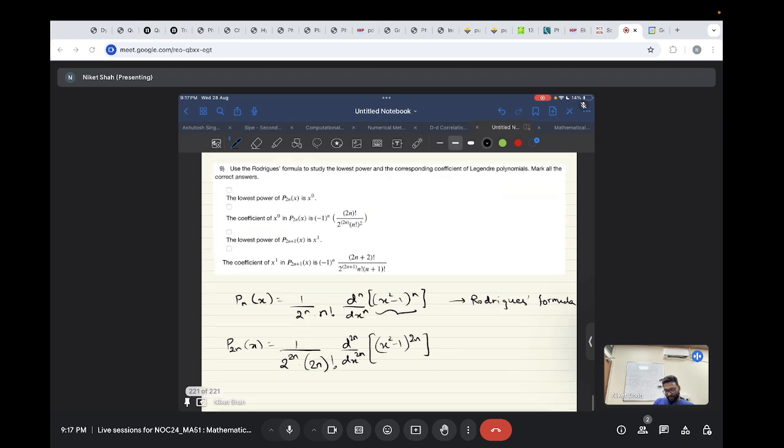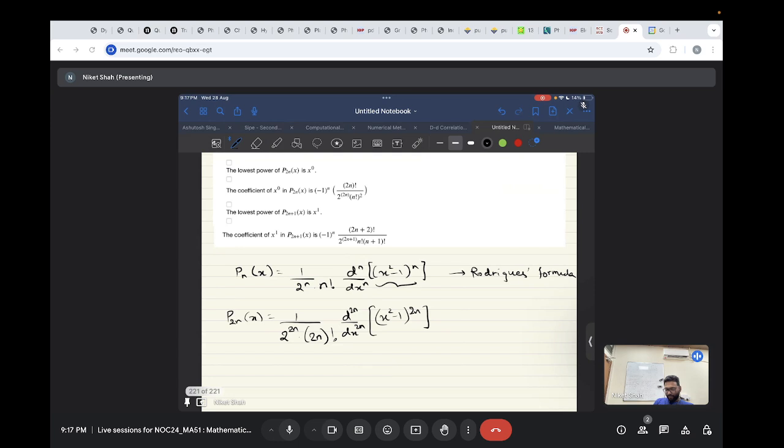What I want is the coefficient of firstly the lowest power. Let me do it for P2n first, and P2n plus 1 is your job.